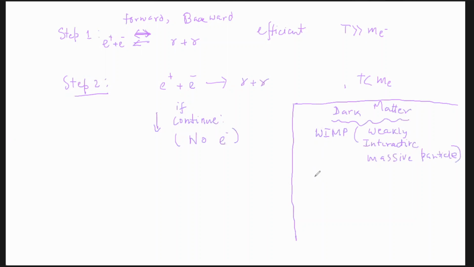So what is dark matter? Suppose this is your galaxy, the Milky Way, almost 2D, because the thickness is very small while the diameter is much larger. But the dark matter halo is much better described like a sphere, like a cloud made up of heavy particles. We know that dark matter is 26%, but we don't know what it is.